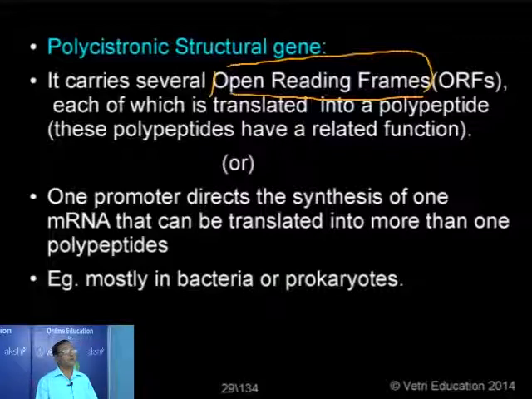There are certain exceptions also. Though I am saying that the monocistronic gene is very common in eukaryotes, in some eukaryotes, including human beings, we do have polycistronic structural genes. An example is hemoglobin. Hemoglobin is formed of 4 polypeptide chains, 2 alpha chains and 2 beta chains.